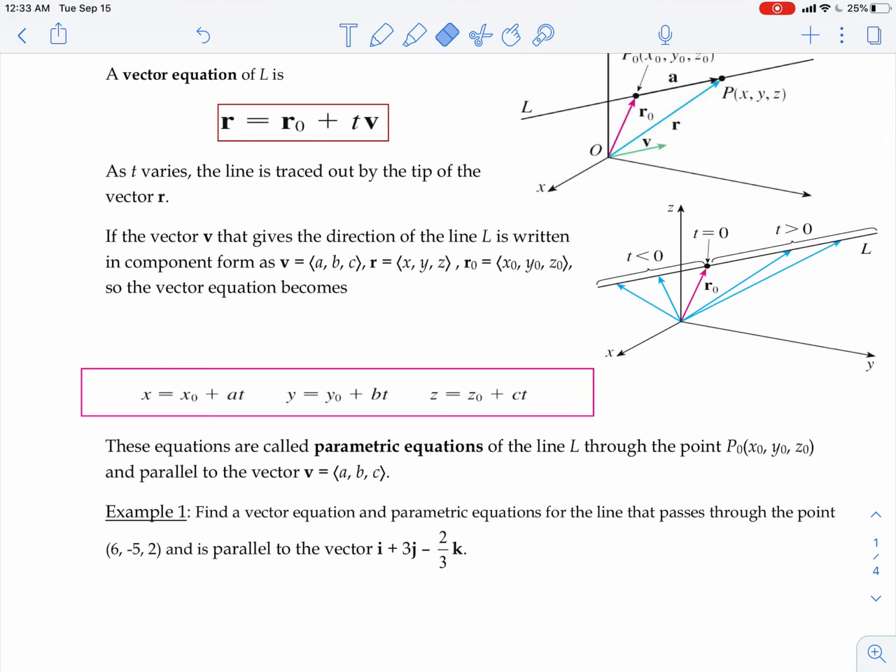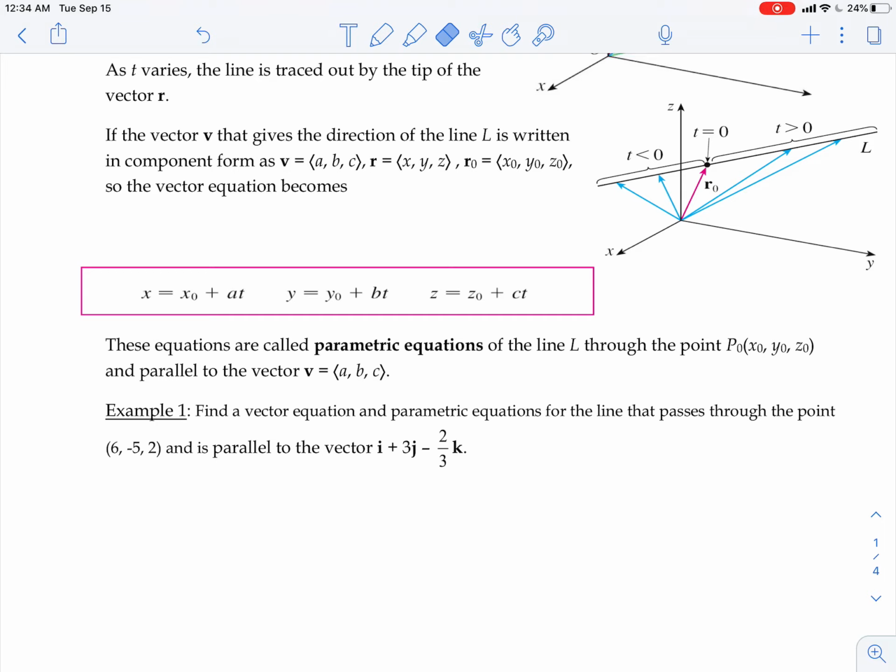The vector v that gives the direction of line L is written in component form, and so we have v with its components a, b, and c, r with its components x, y, z, and our initial point r sub 0 with x sub 0, y sub 0, z sub 0. Then we can write the vector equation in terms of parametric equations, where we can have our x, we can have our y, and we can have our z.